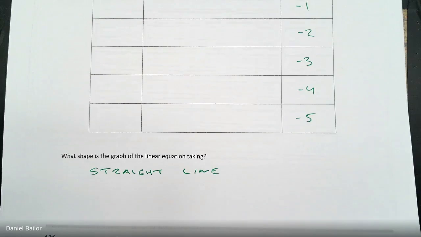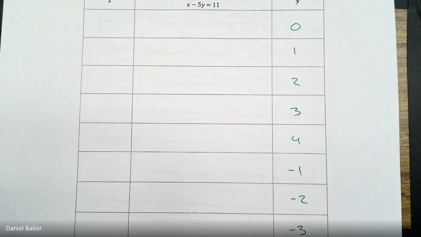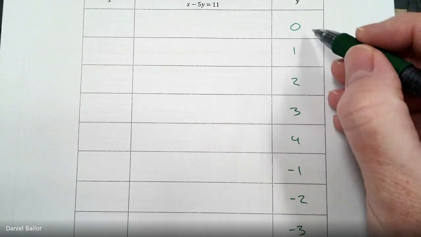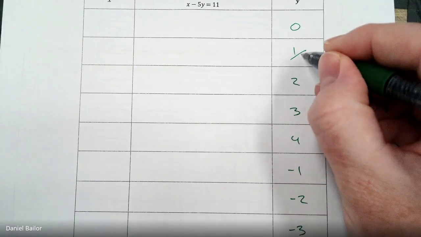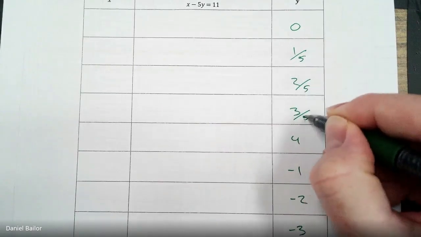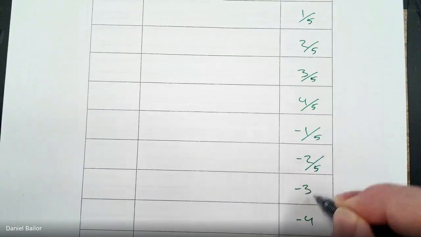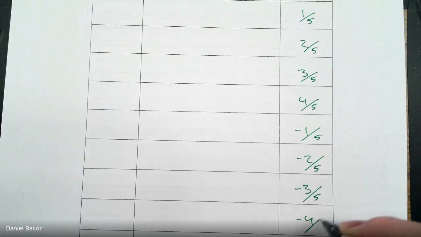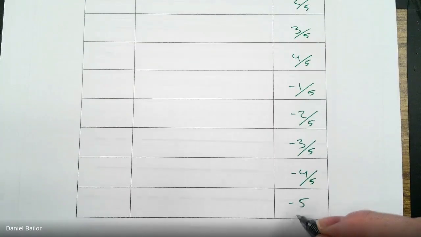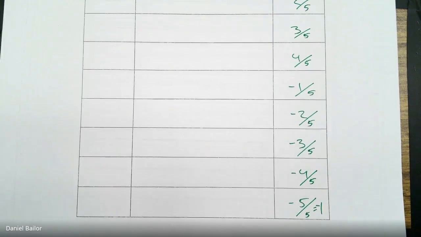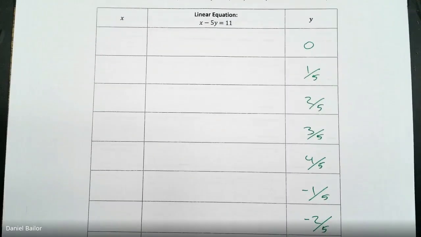Even if you pick fractions, like 1/5, 2/5, 3/5, 4/5, -1/5, -2/5, -3/5, -4/5, and -5/5, which equals -1, you will always get the same straight line. Whatever you pick, you are going to make the same straight line. And that's what you're practicing today.